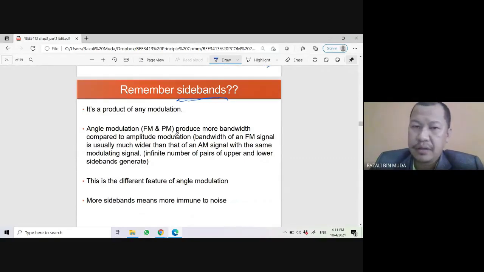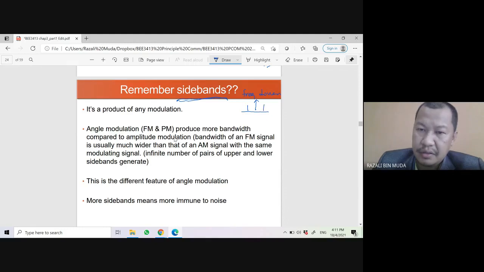Sidebands in frequency modulation. Remember in your chapter 2 about sidebands in amplitude modulation, we were discussing the frequency domain. You have your signal, the carrier, and sidebands.